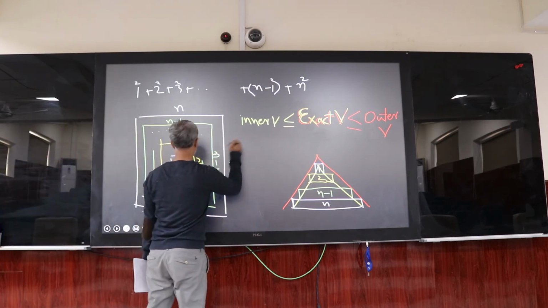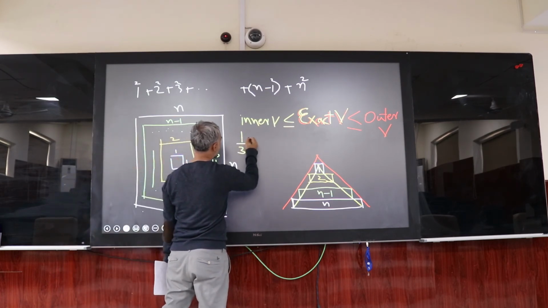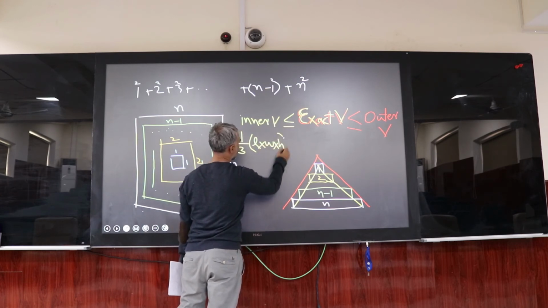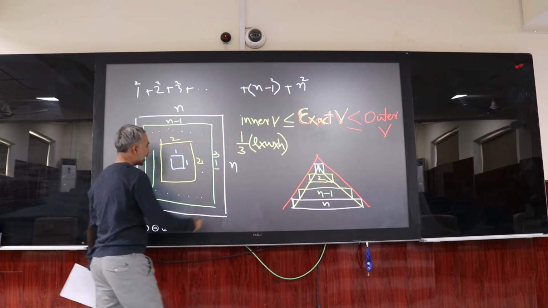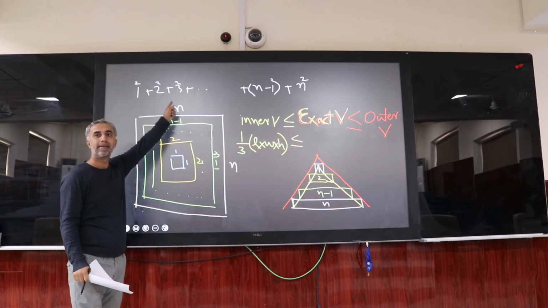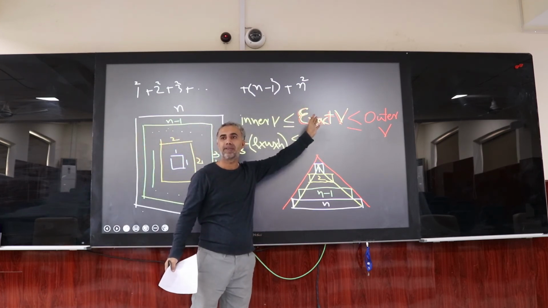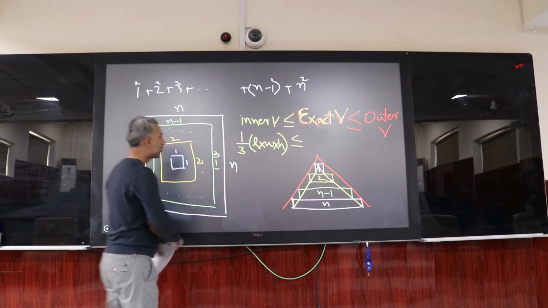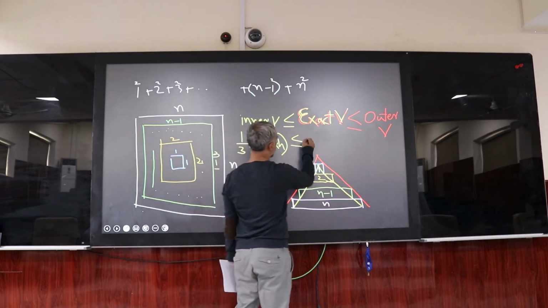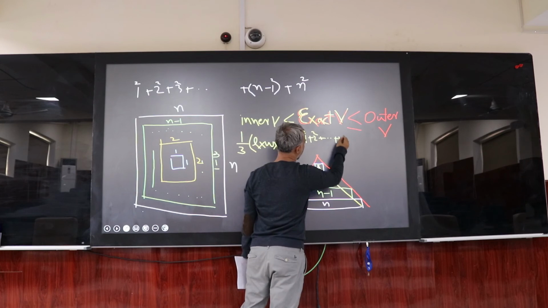So we will write here 1/3 length into width into height. The second one is the exact one, given to you as a sum of squares: 1 square plus 2 square plus up to n square.